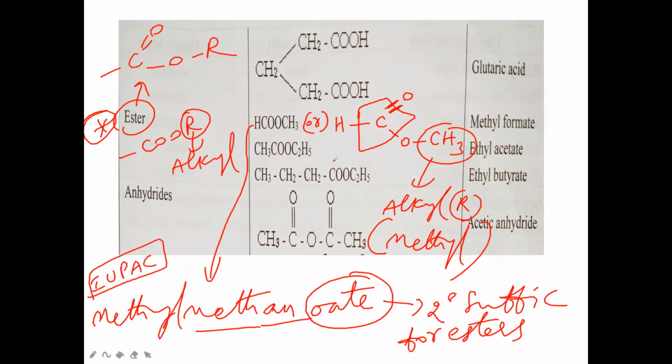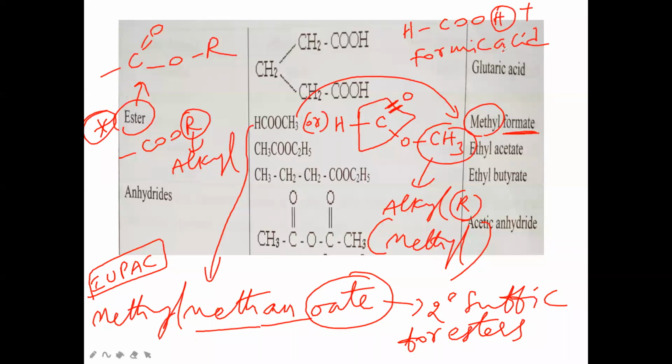What is the common name of HCOOCH3? Methyl formate. Because HCOOH is formic acid. If the H plus in it is replaced by CH3, it becomes HCOOCH3, and we say methyl formate.